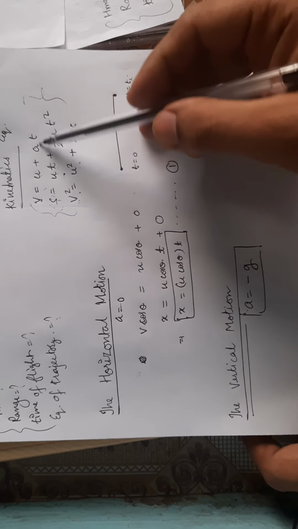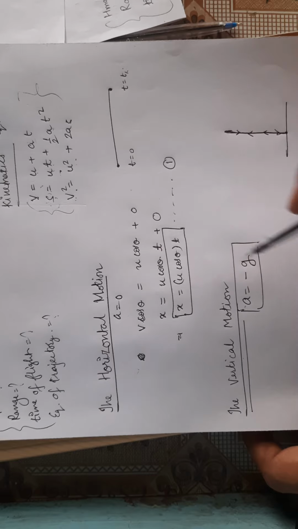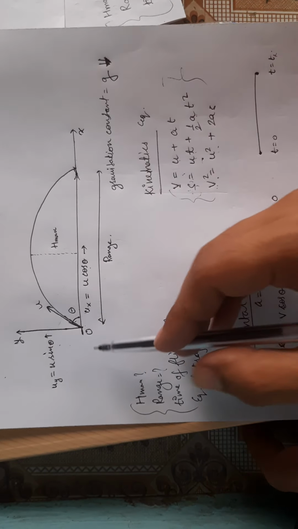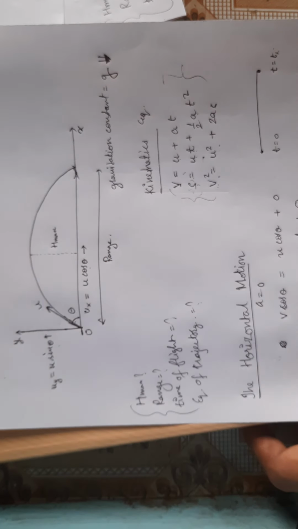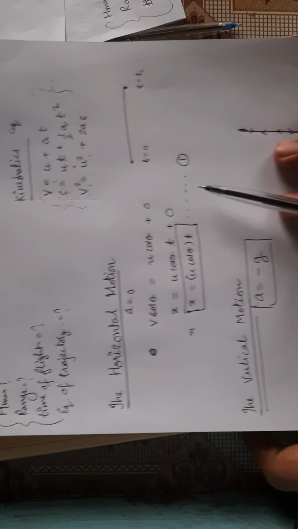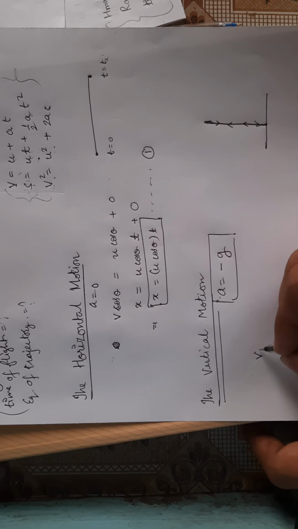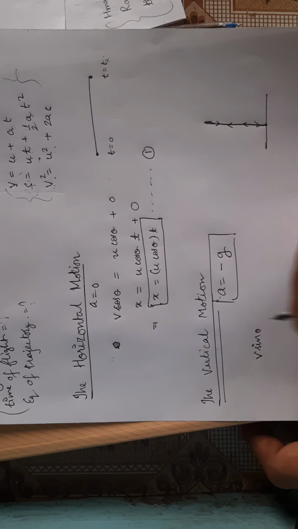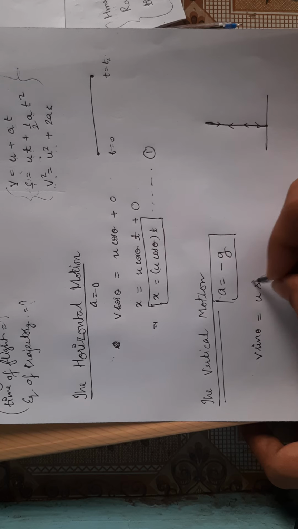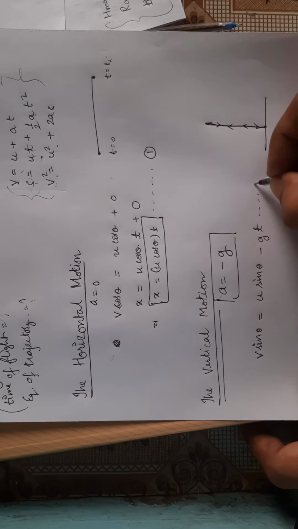For this, v is equal to u plus at, so v is the final velocity along the vertical direction, and there is a term sin theta along this. So v sin theta is equal to u sin theta minus gt, which is equation number 2.